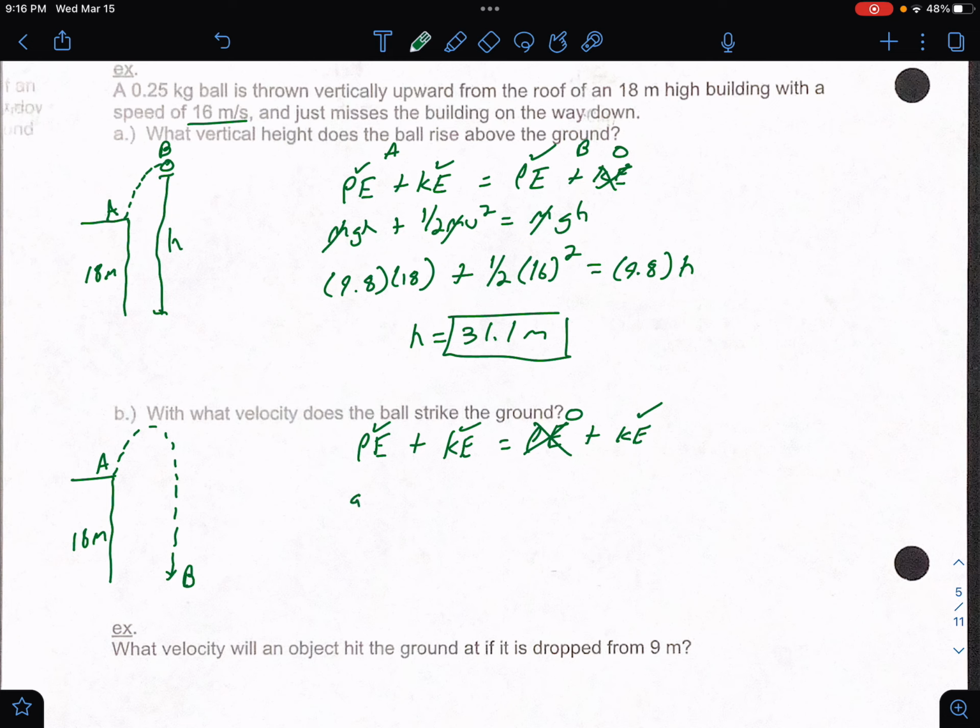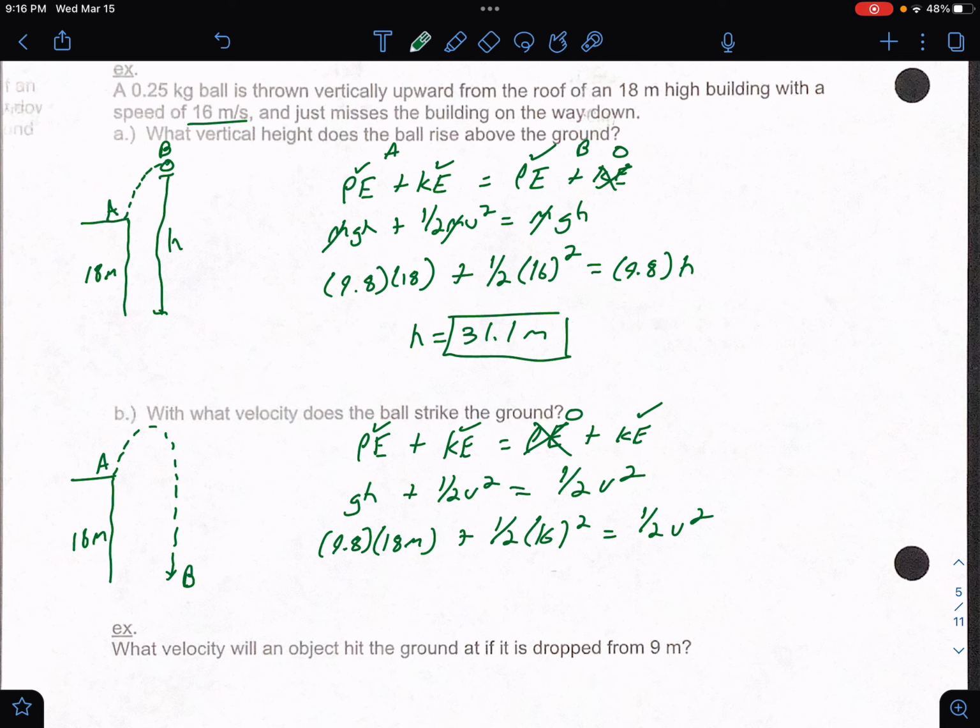So this becomes gh plus 1/2 v squared equals 1/2 v squared. Now I get to plug in. Gravity is 9.8, height 18 meters, plus 1/2 times 16 squared, equals 1/2 v squared.